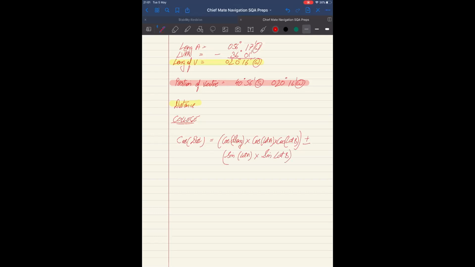Now we know that both lat A and lat B lie in the same hemisphere. Since they lie in the same hemisphere, we would be using the plus sign here. So I'll rewrite this formula again. Cos of distance is equal to the cos of d long.